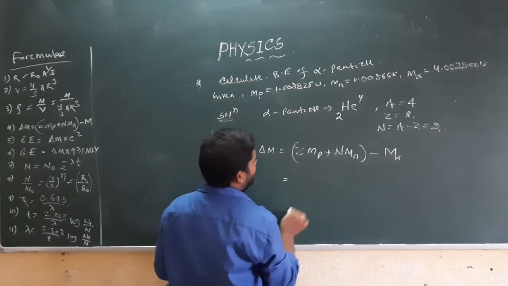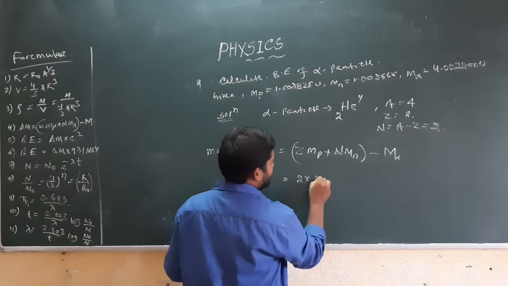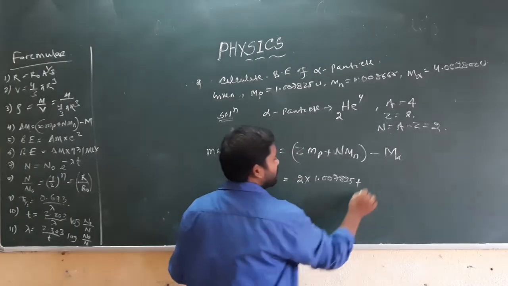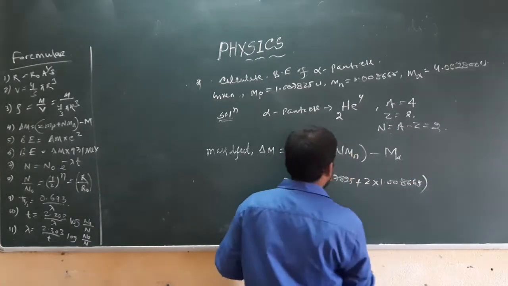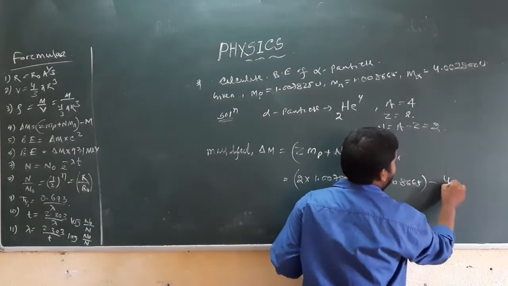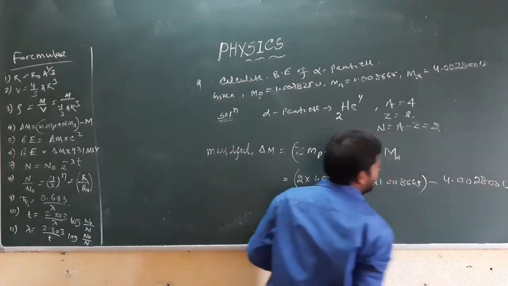So, put all the data. Z value is 2, into the mass of proton 1.00782, plus 2 into 1.008665, minus the mass of alpha given here, 4.002800 atomic mass unit.